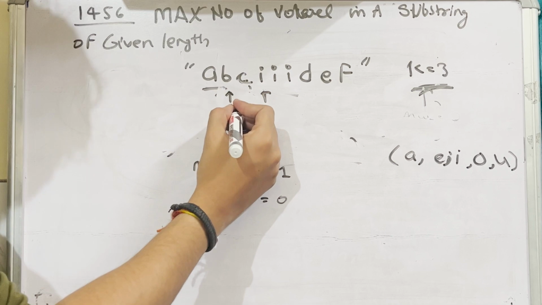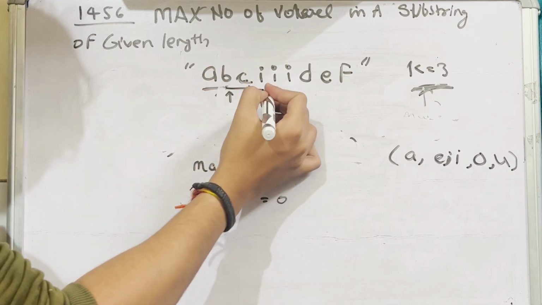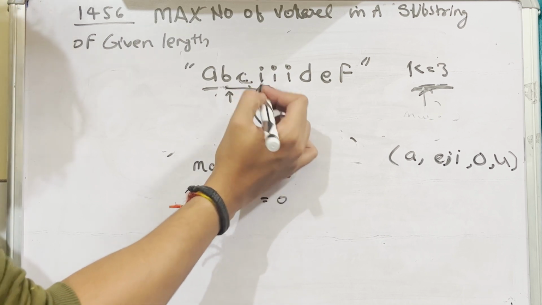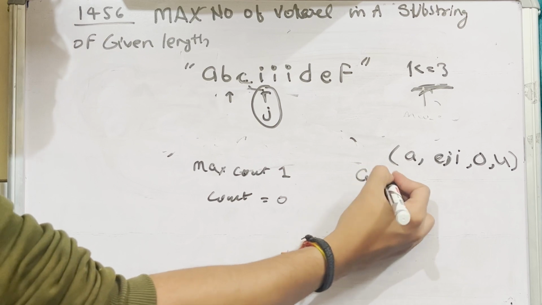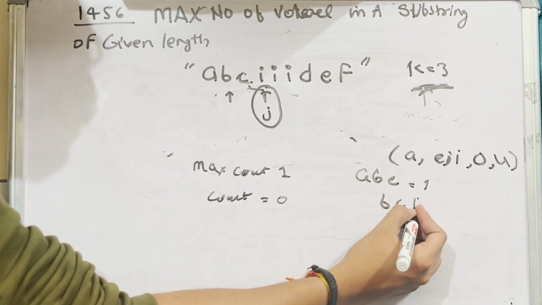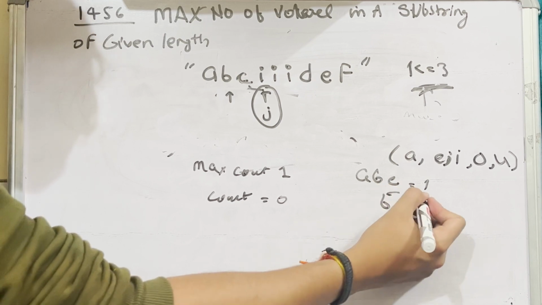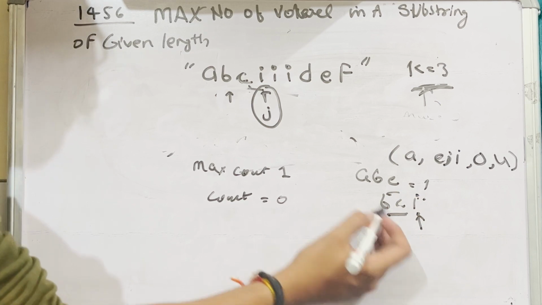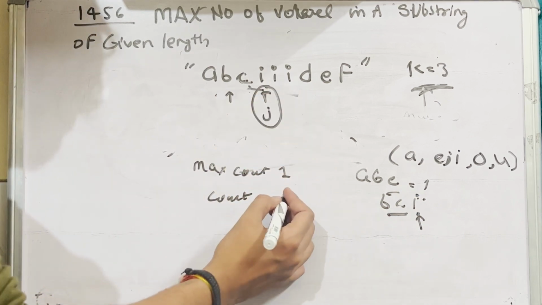Then instead of checking again from i and j, you need to only check the jth character, because for B and C you already have the track. For example, for A, B, C you have 1, now you have B, C, I. So you don't need to count for B, C, you just need to count for the I. Is I a vowel or not? It is a vowel, so your current count will become 2.